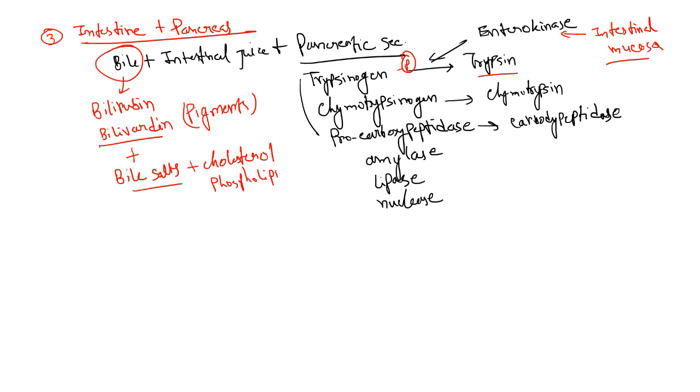These are all present in the bile. Bile itself does not contain any enzyme. Remember that. If anyone asks you what enzyme is present in the bile, say no, bile does not have any enzyme. It has pigments, bilirubin, biliverdin, it has bile salts, it has cholesterol, it has phospholipids. That's it, no enzymes.